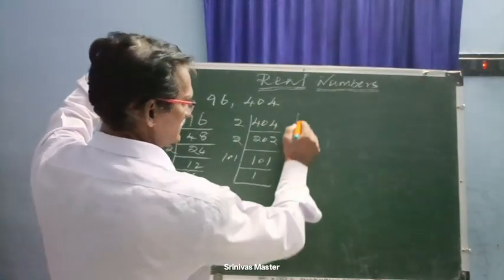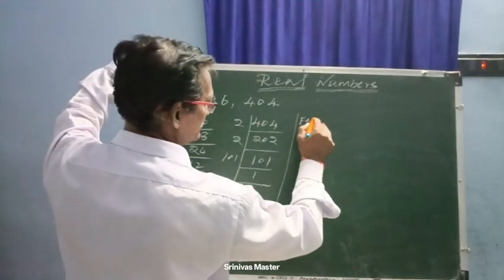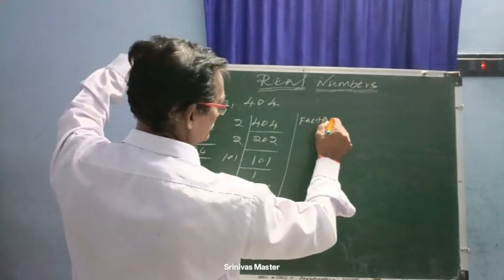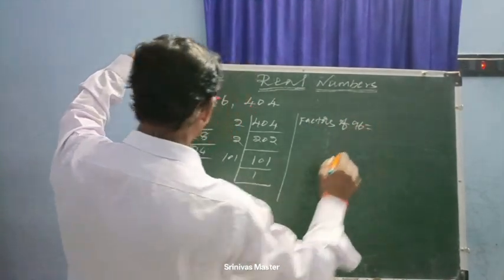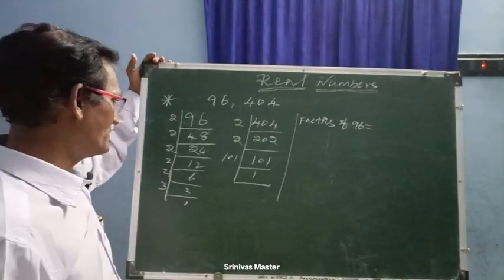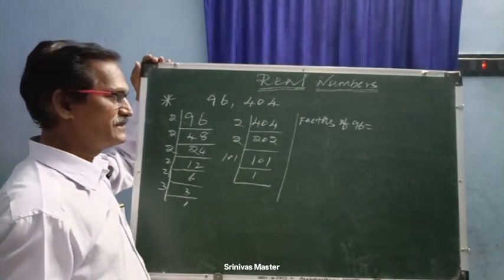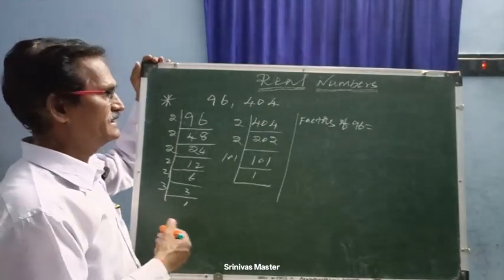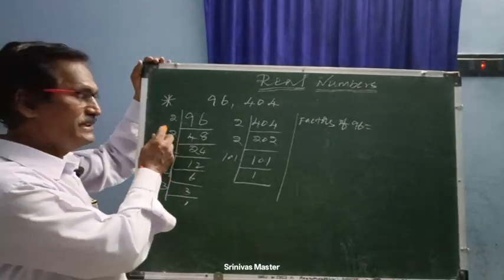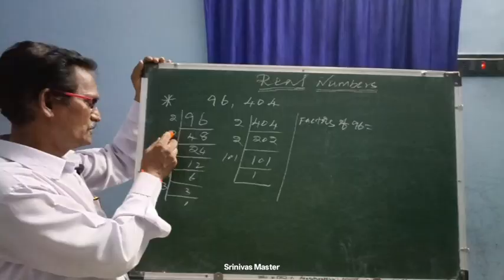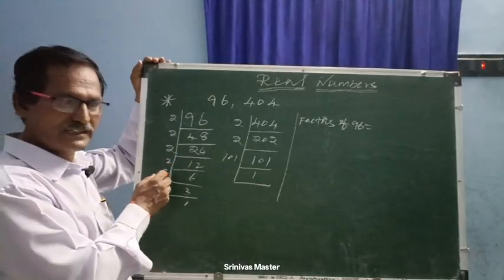Okay, children, see the factors of 96. If you write in the exponent form, then it is easy to get the LCM and HCF. See, 2 is repeated how many times? 1, 2, 3, 4, 5. 5 times repeated.